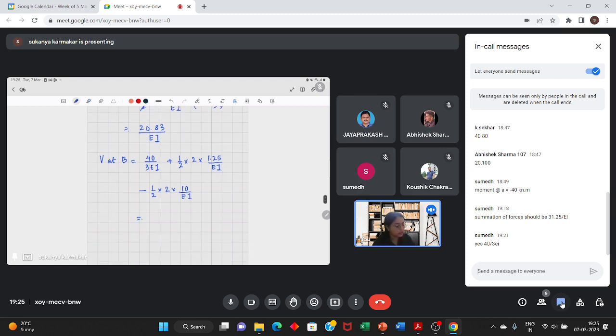So you can calculate this. This will be 40 divided by 3 plus 1.25 minus 10. So that will be 4.583 by EI.